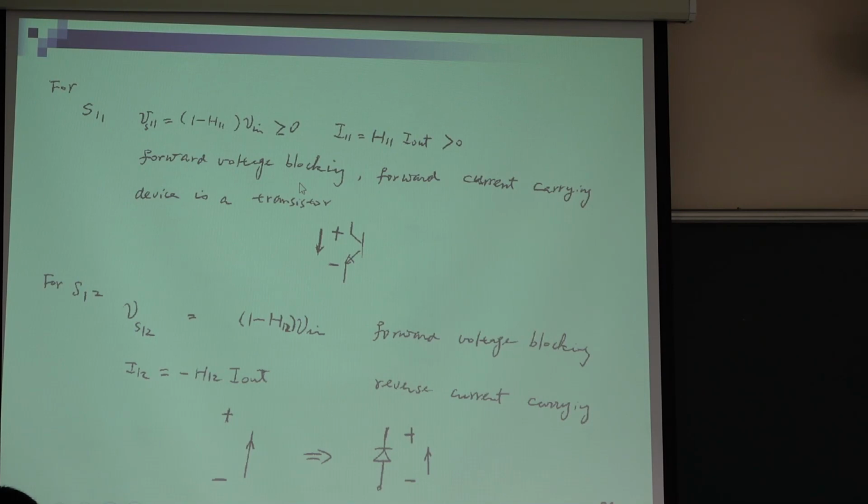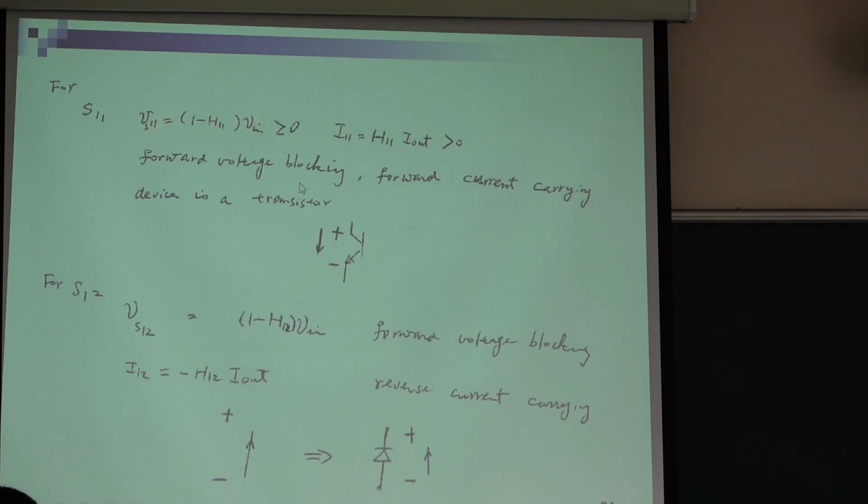So now we can make a conclusion for S11. What is the voltage? Because H11 either 1 or 0. If this is 1, then what is the voltage across VS11? 1 minus 1 becomes 0. So the voltage across S11 is 0. If this is 0, then the voltage across S11 is V in.